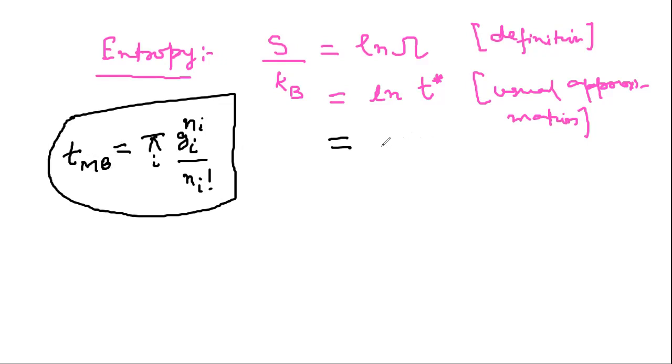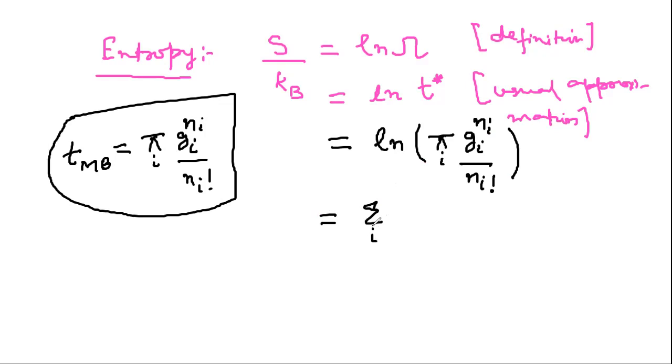So we put it, therefore it becomes ln of the product over all i of g i raised to the power n i over n i factorial, right? Using this expression for n i factorial. Now, by the application of ln, this becomes a summation.